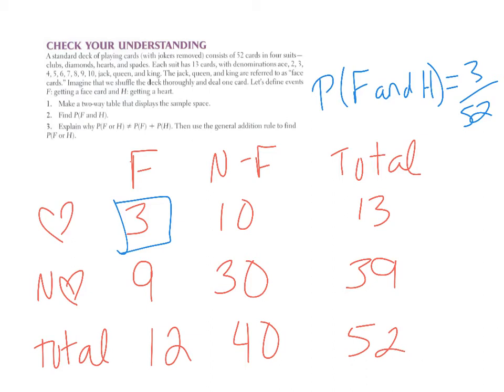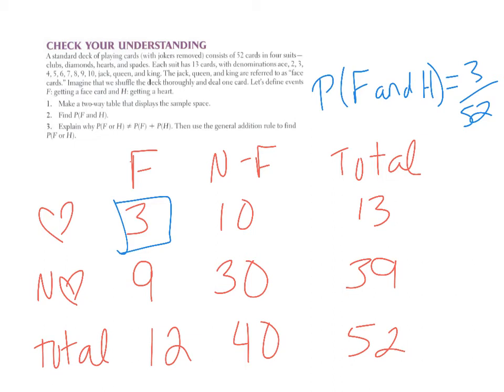Explain why the probability of F or H does not equal the probability of F plus H. Then use the general addition rule to find it. Well, those two are not going to be equal to one another because they're not mutually exclusive. I'd be double counting my cards that are both face cards and hearts.